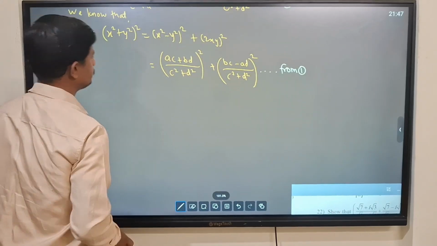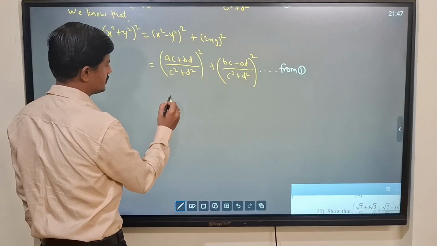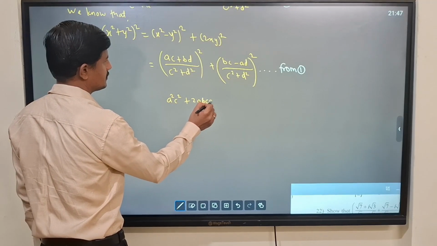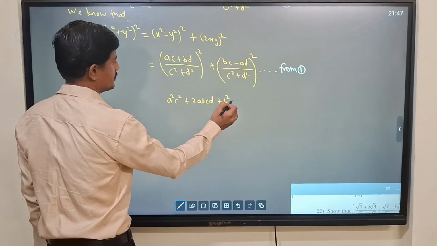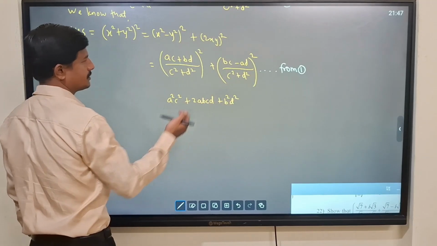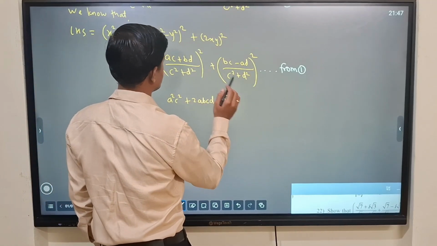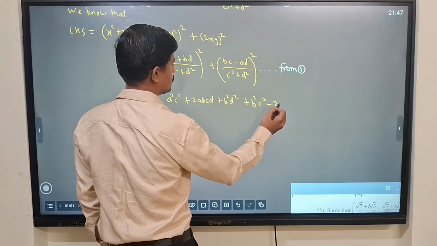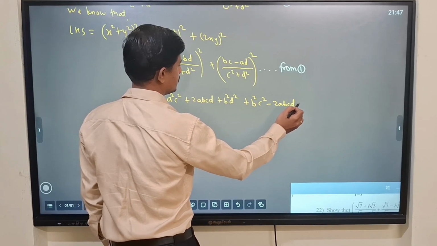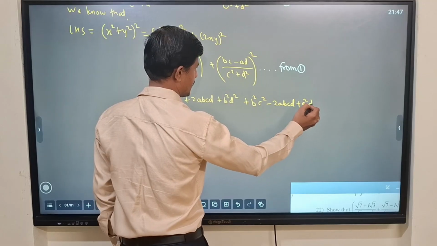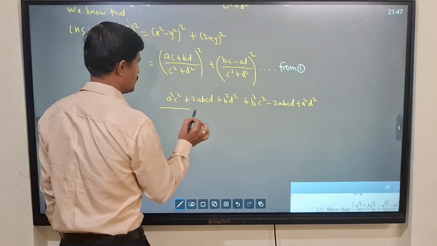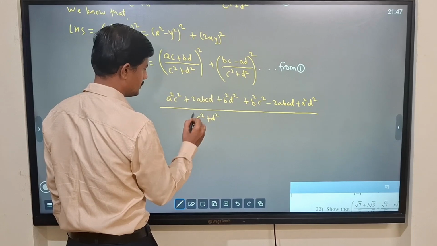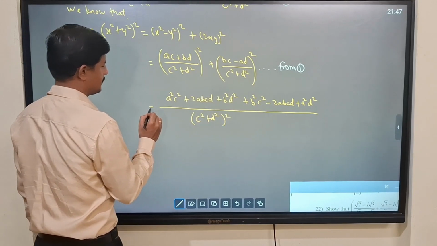So on squaring, this becomes a square c square plus 2abcd plus b square d square. Denominator becomes same. So I will write down this like this, plus b square c square minus 2abcd plus a square d square upon (c square plus d square) whole square.